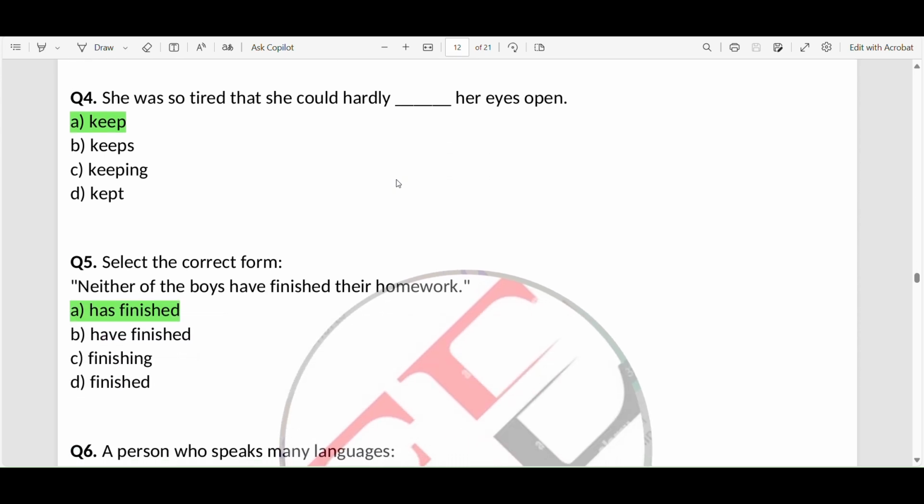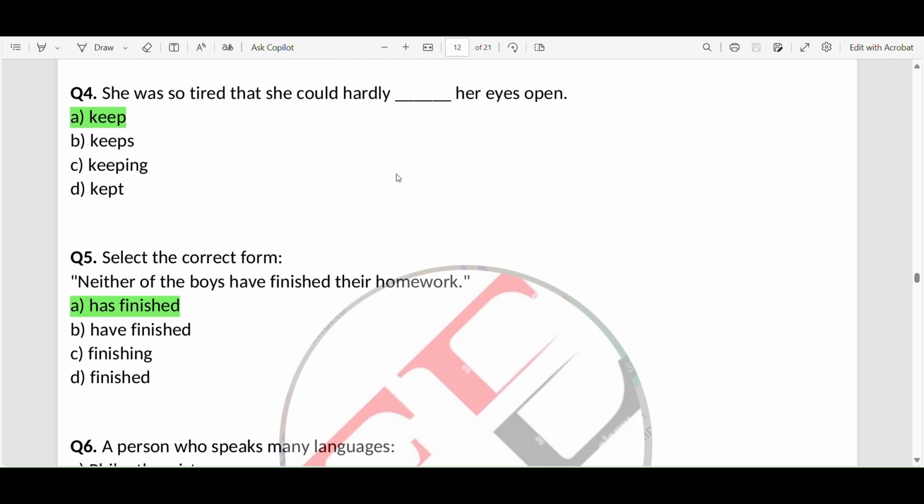When you go to the next question, we have: She was so tired that she could hardly keep her eyes open. See here, we have could.